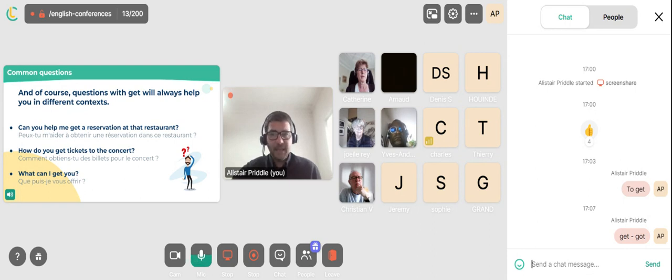How do you get tickets to the concert? What can I get you? It's a very common expression to hear in an English restaurant, bar, or cafe. What can I get you?